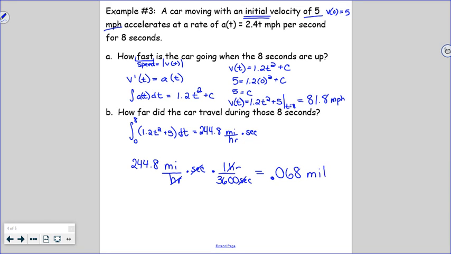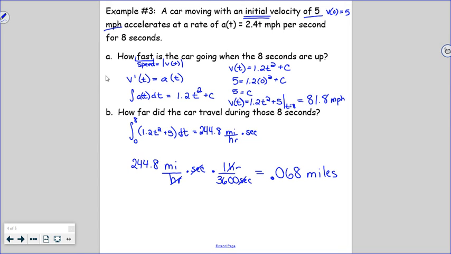And now we can label like we would have expected to label a question, how far did the car travel? Because the question was how far did the car travel, leaving it as 244.8 miles per hour times seconds is not an appropriate answer. It does not tell me how far the car traveled. We would want to do that conversion right there.